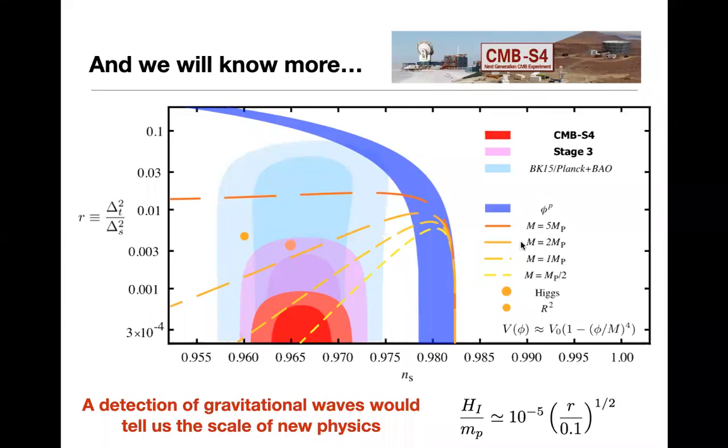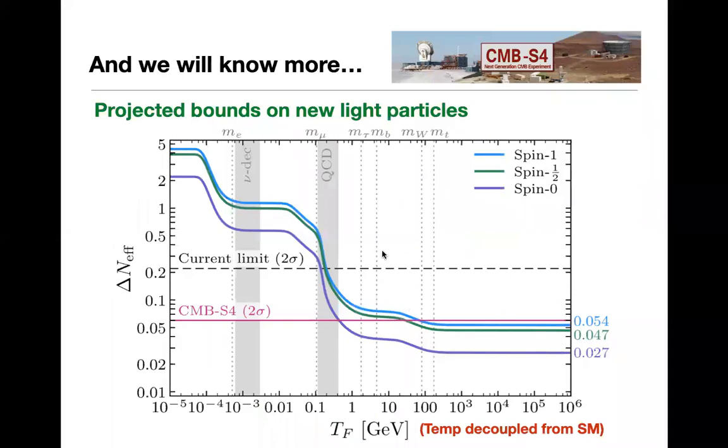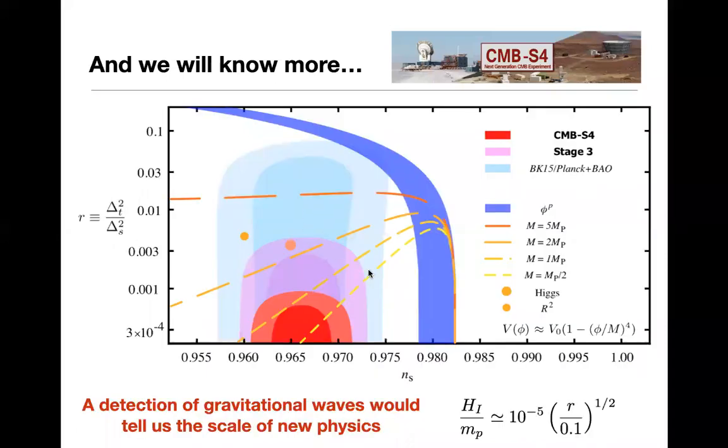And here on the right, this parameter M is parametrizing the potential in terms of the inflaton divided by some scale of new physics. And so depending on how far the field moves during inflation, you have these different lines that appear in the plot.